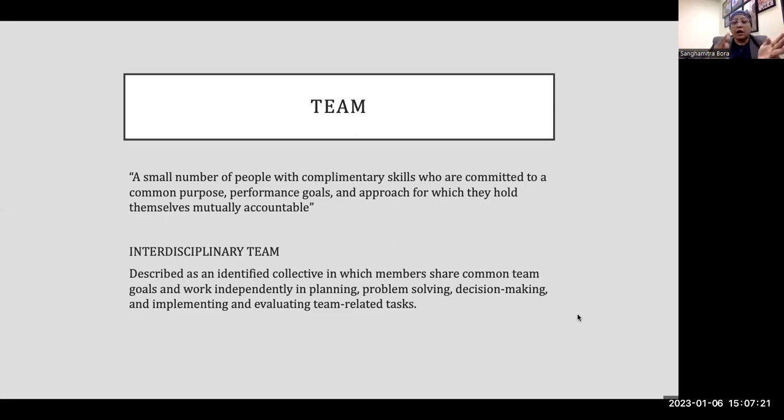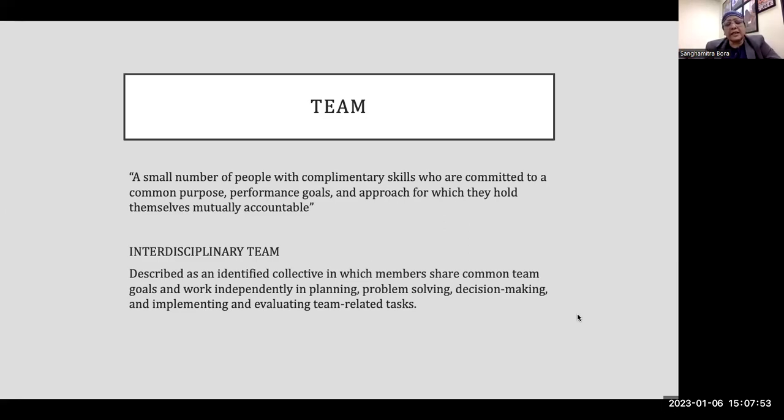So if there are 2 members, 3 members, or 5, 6 members, all of them will have common goals, and even when they have common goals, they can work independently for planning, problem solving, decision making, and then implementing and evaluating the tasks that have been identified.